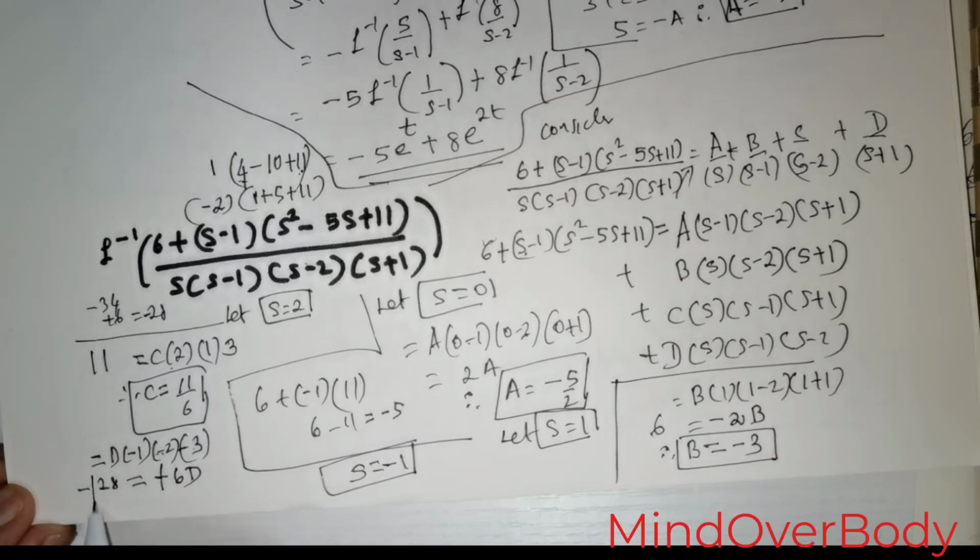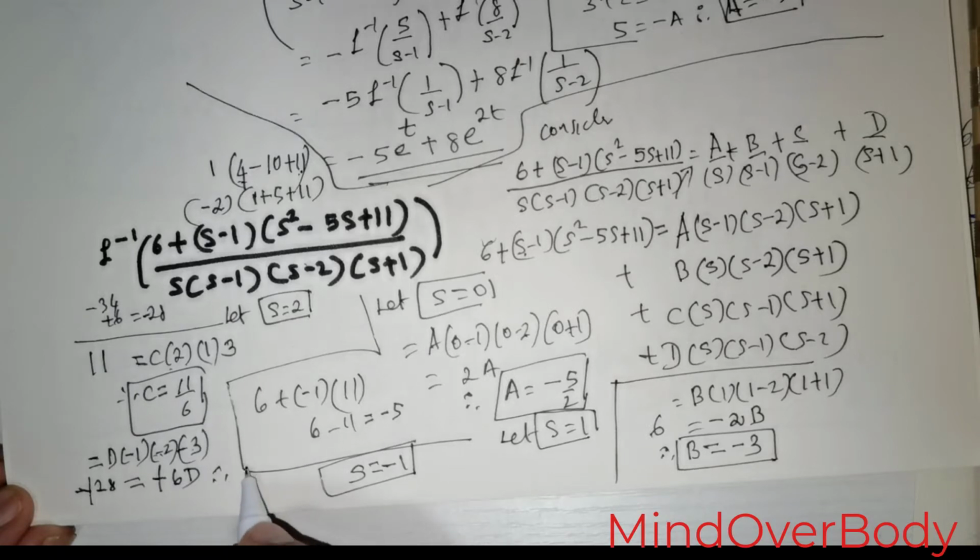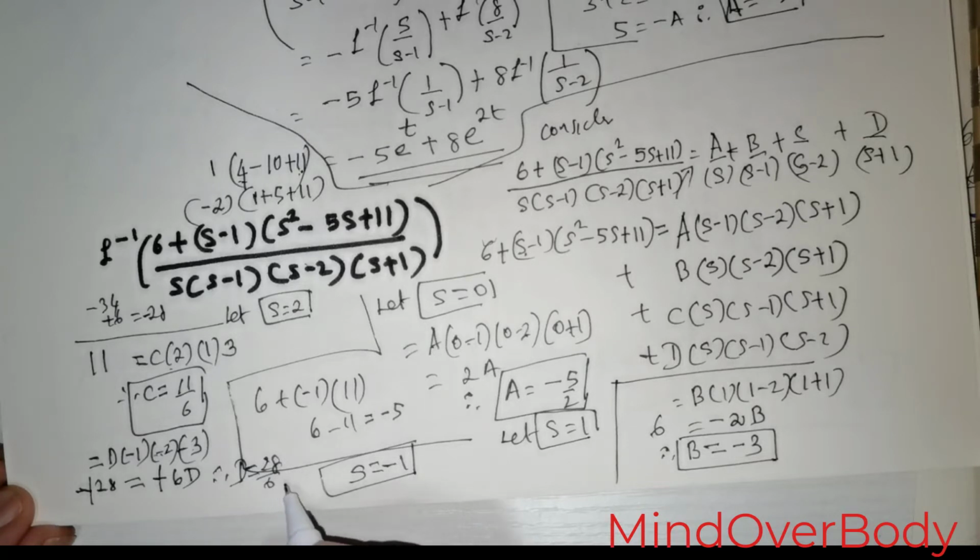So positive, so 28 divided by 6. So therefore my D is going to be 28 divided by 6. So 2 divides here 14, 2 divides here 3 times, so 14 over 3. This is my D value.